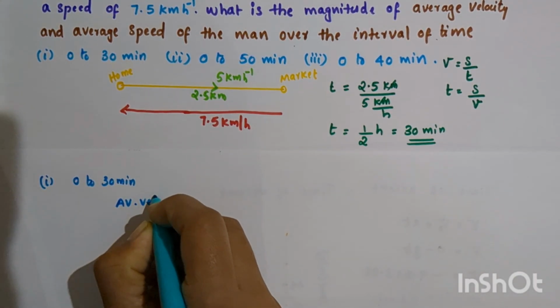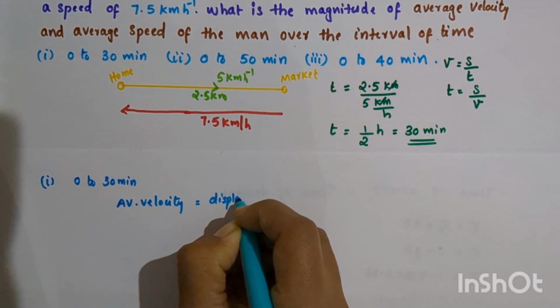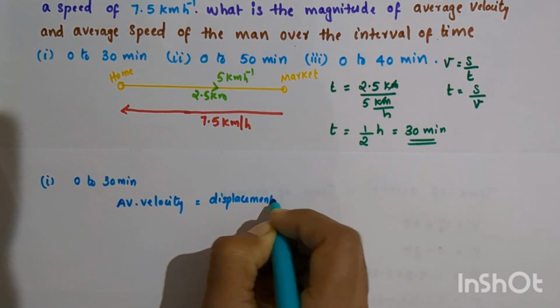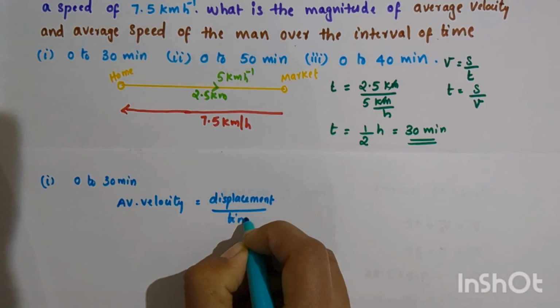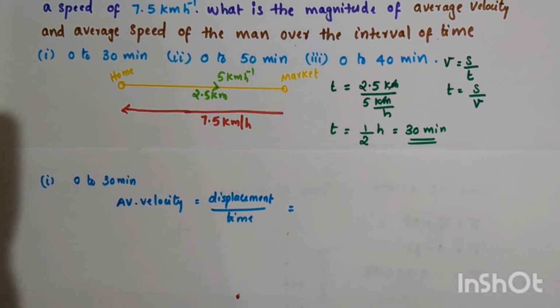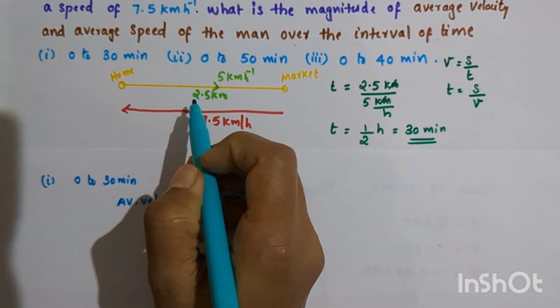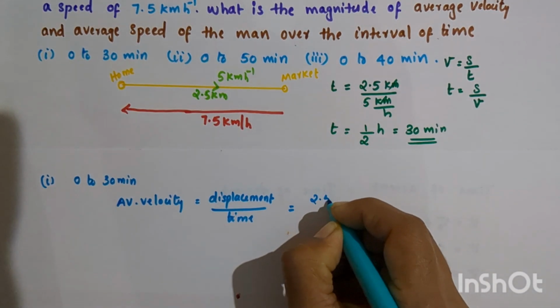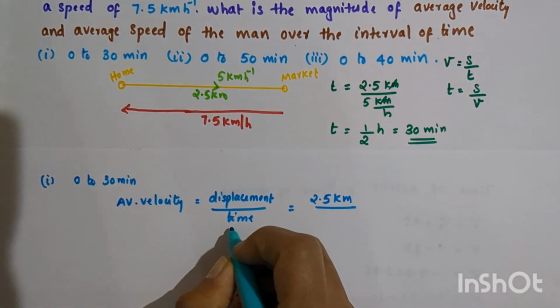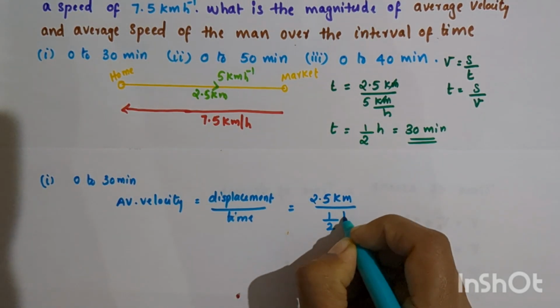We know that average velocity is equal to the displacement divided by the time taken. Displacement is the straight line distance from the home to the market, which is 2.5 kilometer, divided by the time taken, which is half an hour.